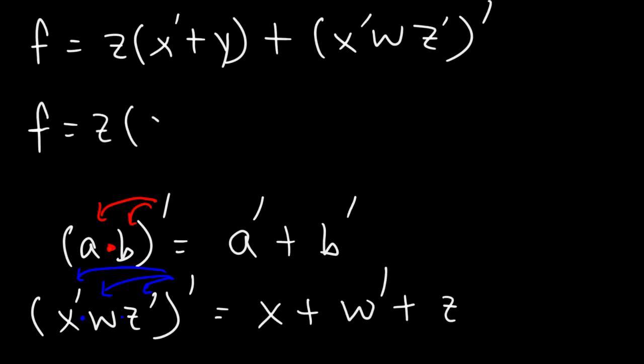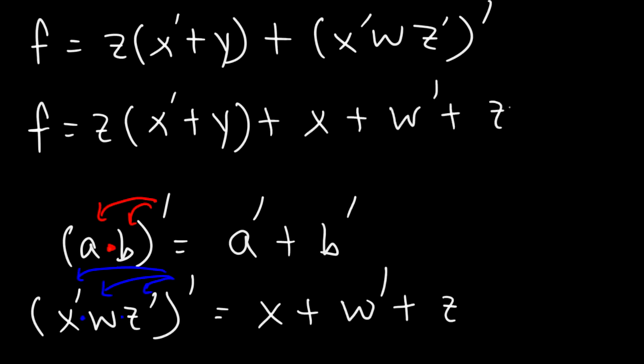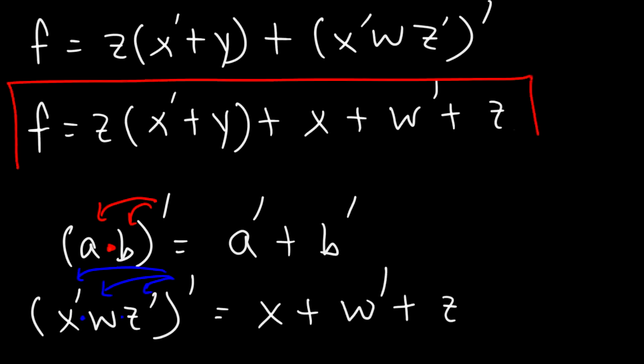We could say it's Z times X prime plus Y, plus X plus W prime plus Z. So now you know how to write a function given a block diagram with NAND gates and other gates.